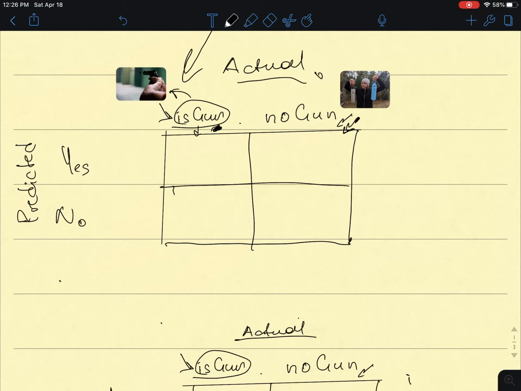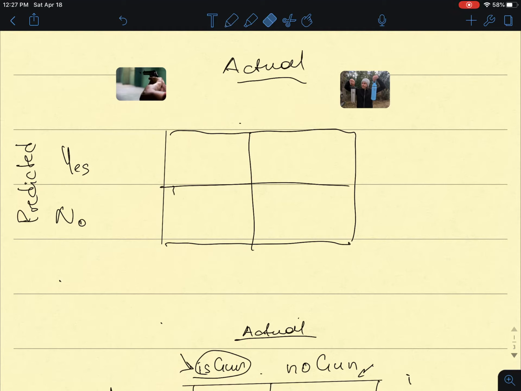Or there is a possibility that the frame does not contain a gun, and here is the example of this particular situation on the right. So again, the columns are the actual frames, and it's a binary situation: the frame is either going to contain the gun or it won't contain the gun, right? So gun and no gun.